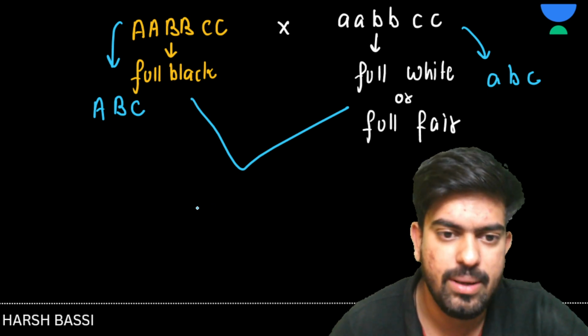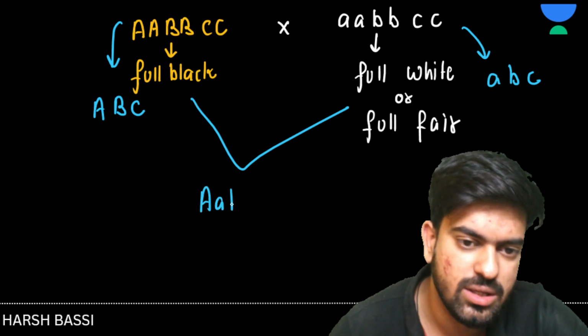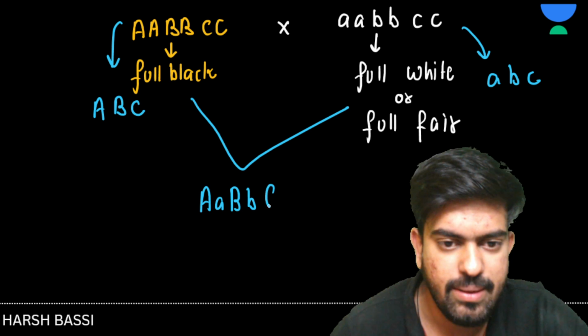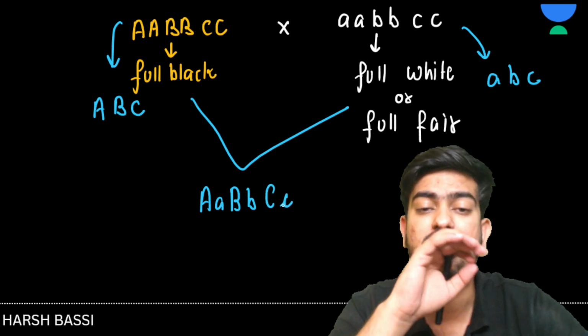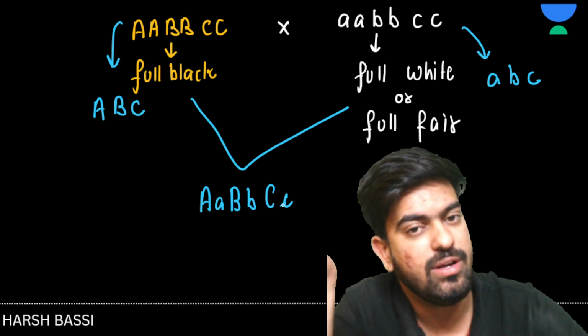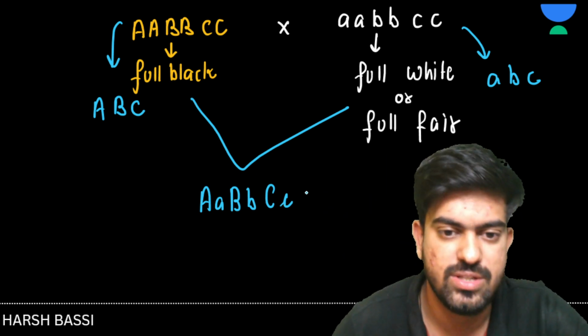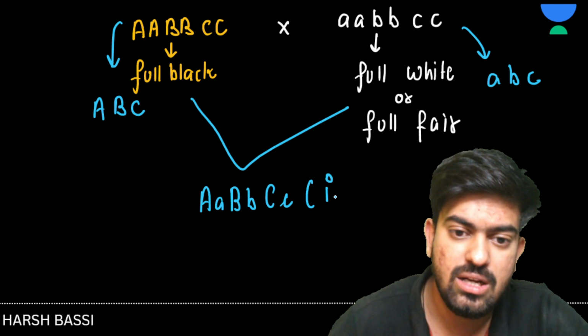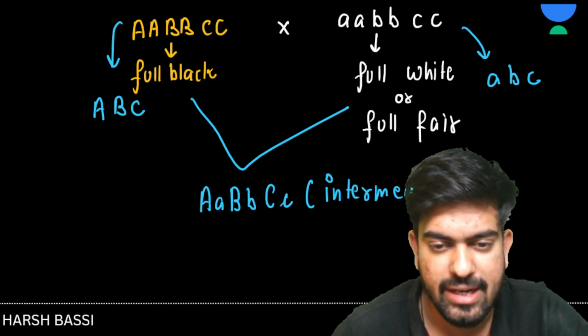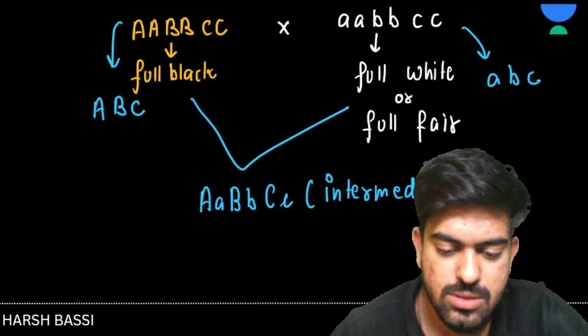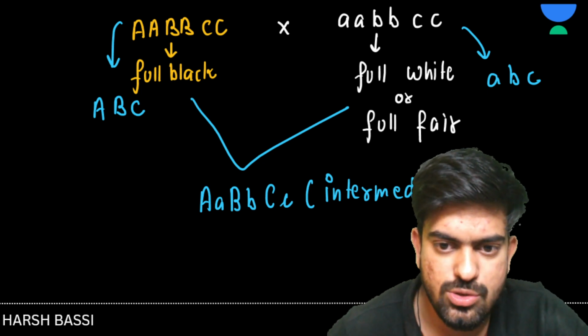When these are crossed, we get this genotype. Now see, three of them are dominant and three are recessive. So in this case, the color will be intermediate, also known as mulatto.